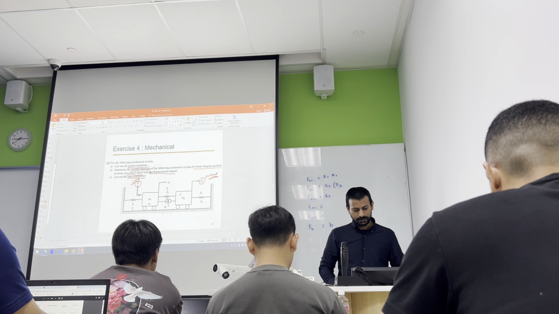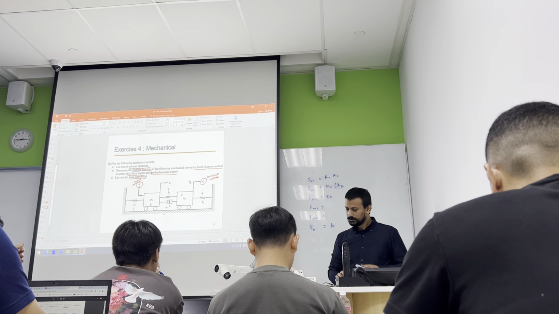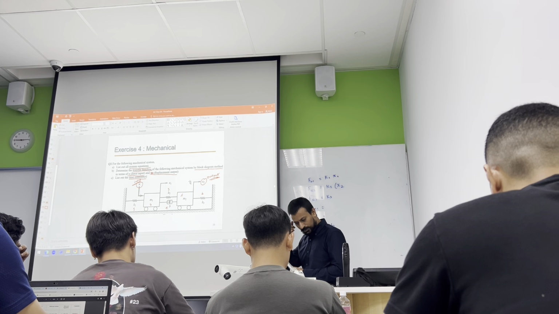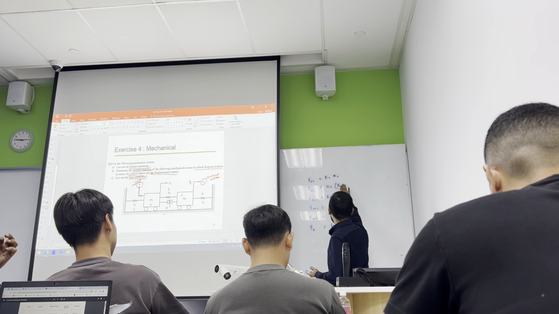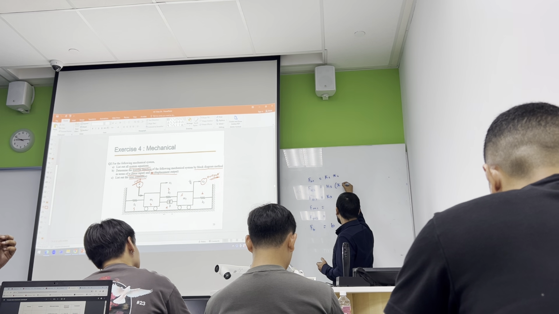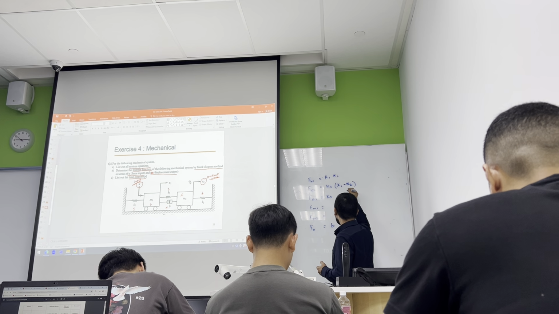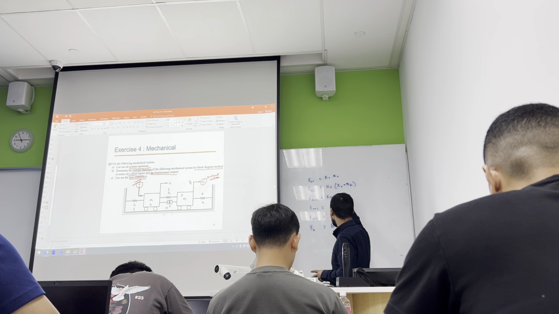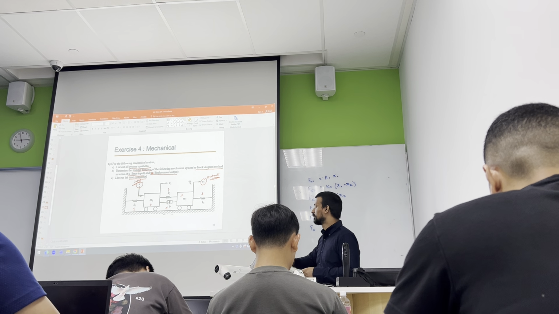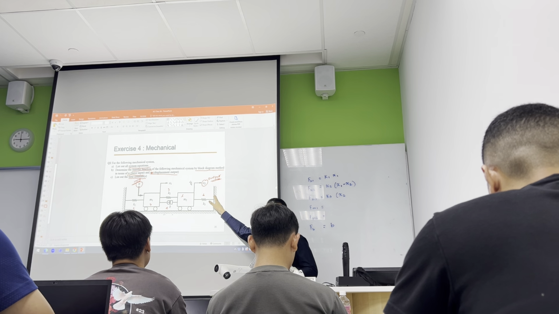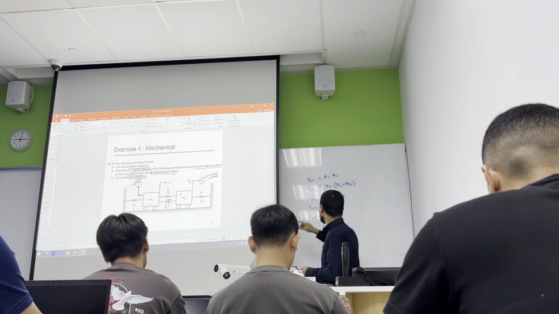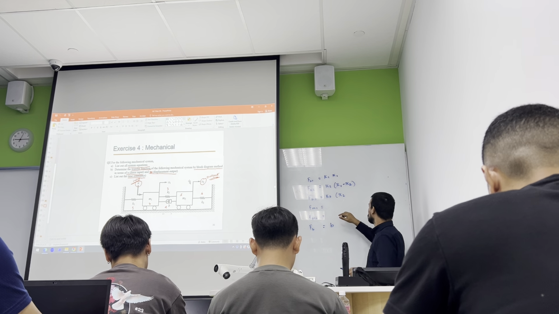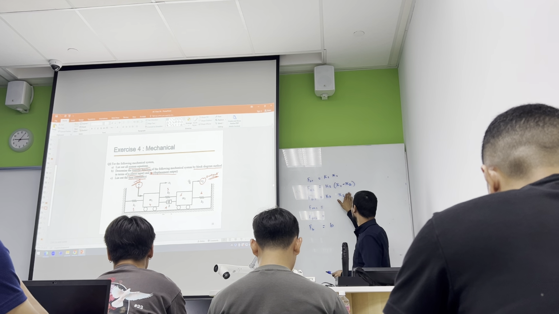Here, second spring, there's x1 and x2, so you can write the value of it, then x1 minus x2. How about spring 3? X2, because it is grounded, so you don't have the other terms, just take x2. Okay, so it has to be in brackets.